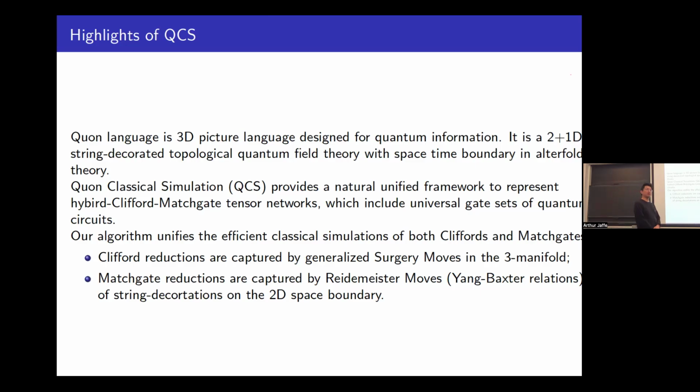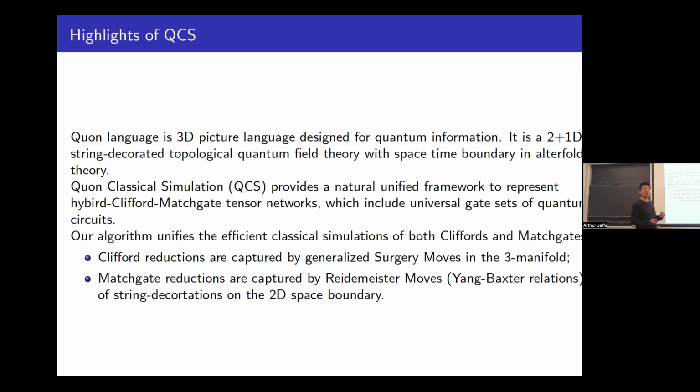So TQFT essentially is saying that we have those manifolds with boundary, and the boundary can be considered as an input and output. And the manifolds, called cobordisms, with input and output can be used to simulate linear transformations. And if the boundary is a disjoint union, then the vector space becomes a tensor product. So in the QL language, we are essentially using those 3-manifolds to simulate multi-qubit transformations.